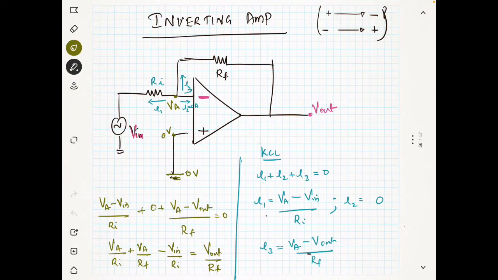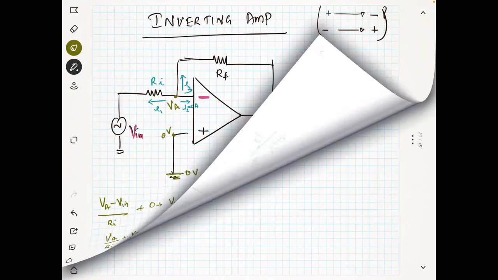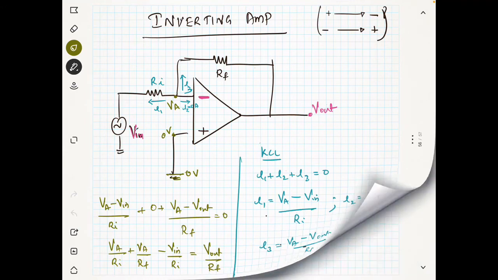So this is nothing but VA into (1 by RI plus 1 by RF), minus V in by RI, sorry, not plus, it's minus.